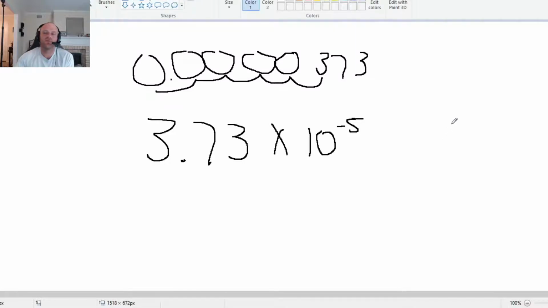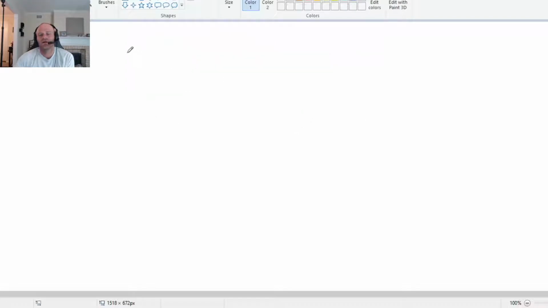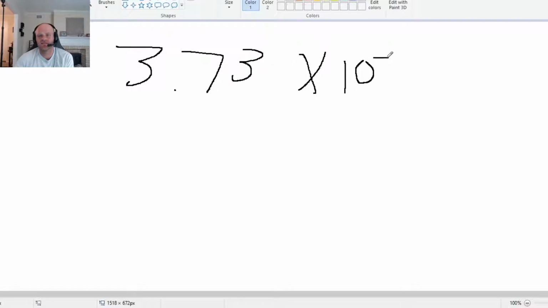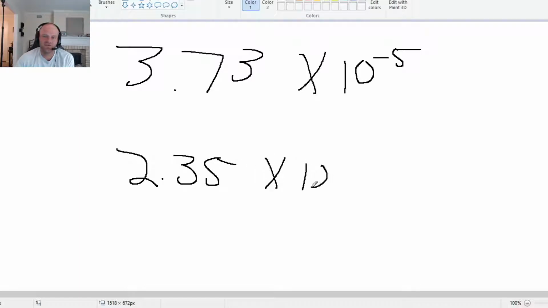Now let's do some math with it. Let's say I have 3.73 times 10 to the negative 5, and I want to multiply it times the first number we had, 2.35 times 10 to the 6th.